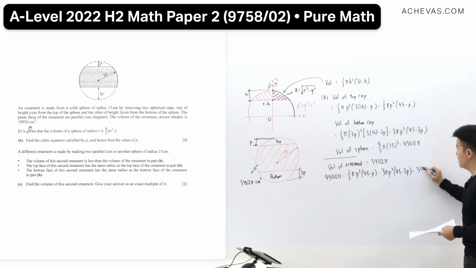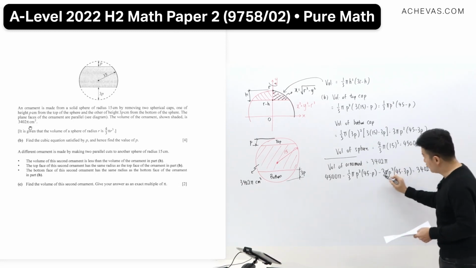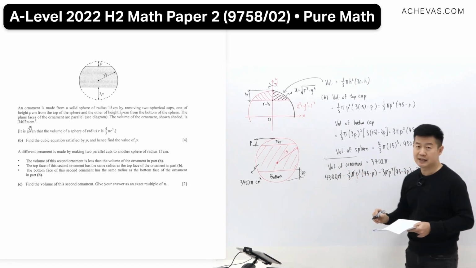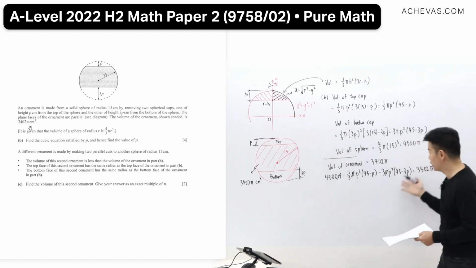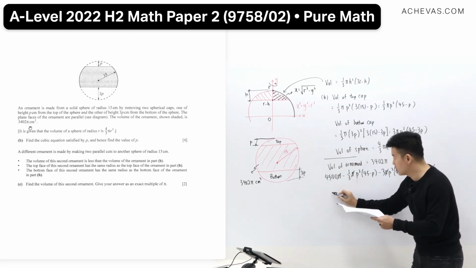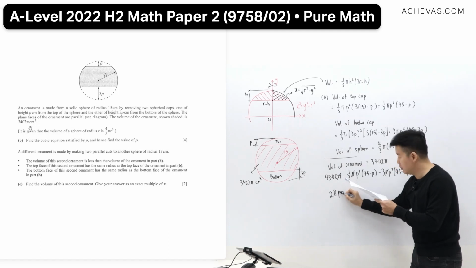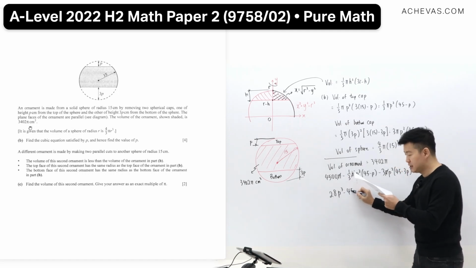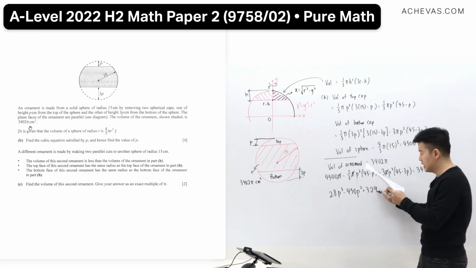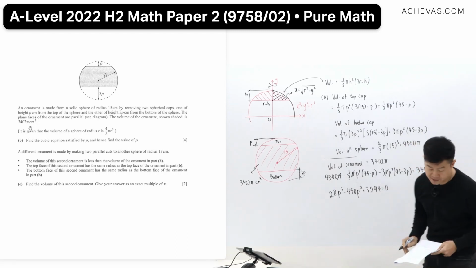This is going to be 3402 pi. So all the pi's over here can be cancelled. And if I were to just leave it to you guys to try to simplify this, you will actually arrive at an equation that is going to be similar to this. 28p to the power of 3 minus 450p squared plus 3294 is equal to 0.